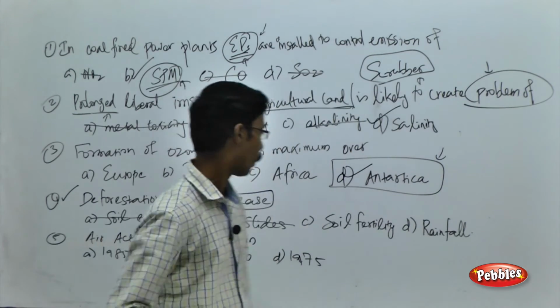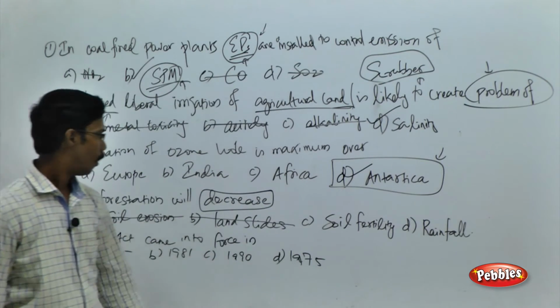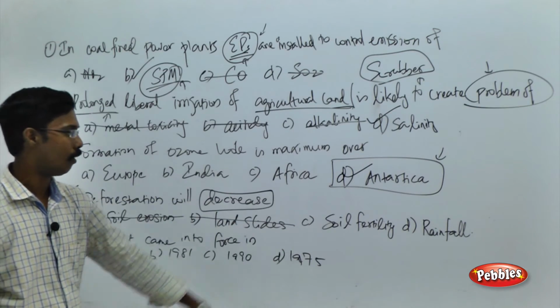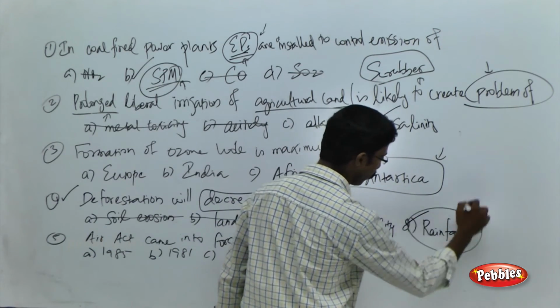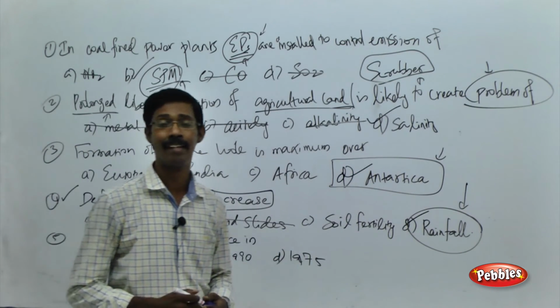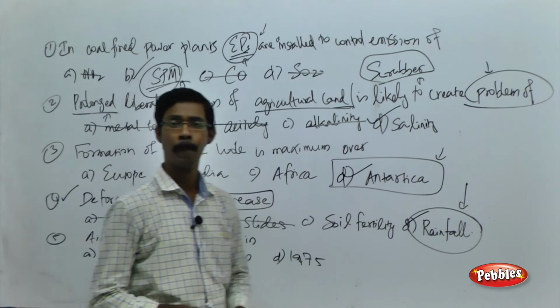This is the point you have to remember. And then soil fertility and rainfall. It is not going to improve soil fertility, but compared to these two choices, it will decrease. The major effect will be on the rainfall. It will decrease the rainfall. Deforestation will affect only the rainfall.